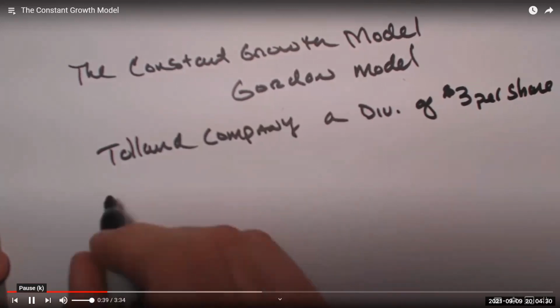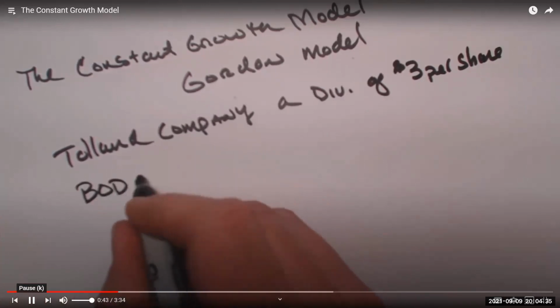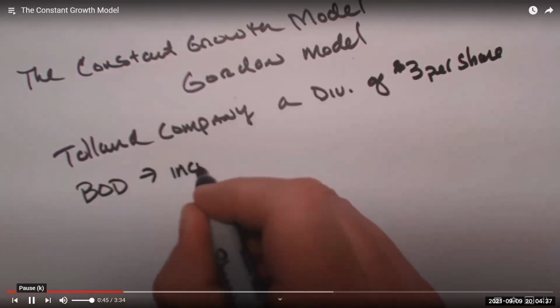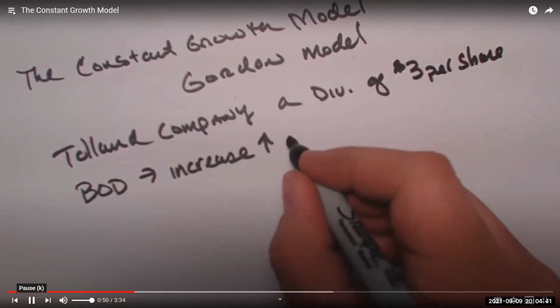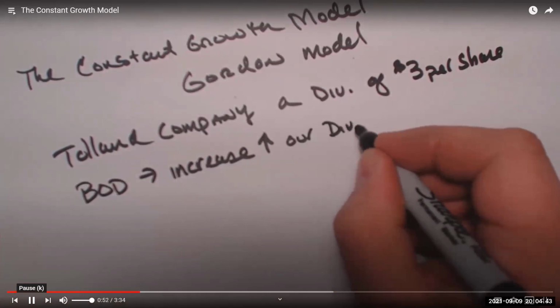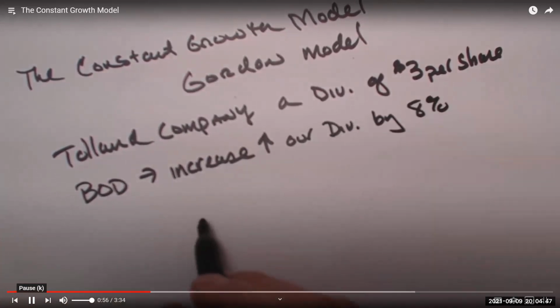Well, the board of directors just recently met, the BOD just met, and they said, hey, we're going to increase our dividend by 8%. That's great news. They're going to increase the dividend by 8%.